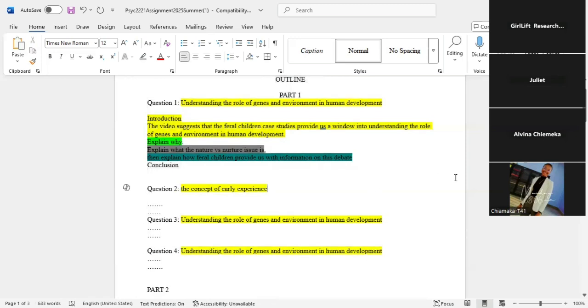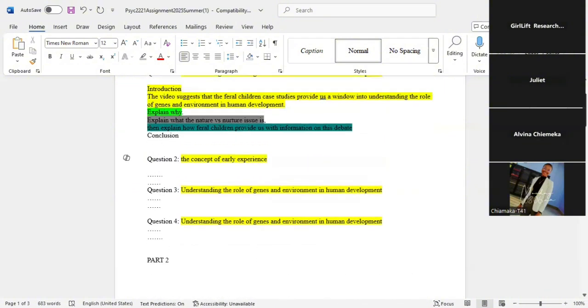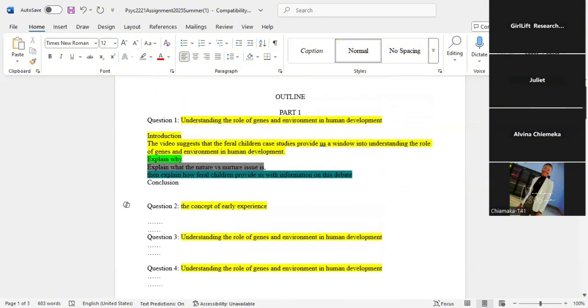Okay, so I believe we are clear on that. Are we all clear on this? Yes, ma. I want to ask something. You said this pattern is just for essay, not for reports? Yes.